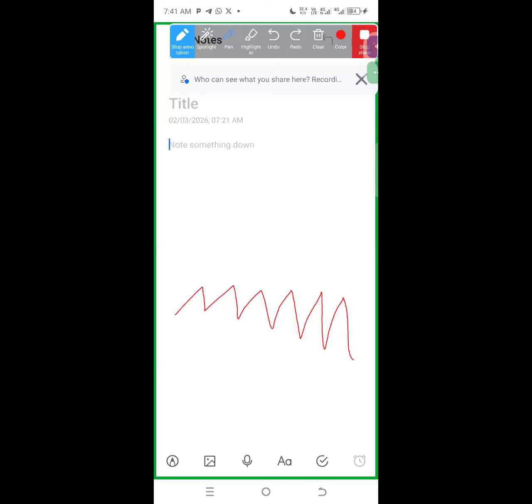Now let's look at this. Like I said, on every chart we can see three things: either up, down, or sideways.